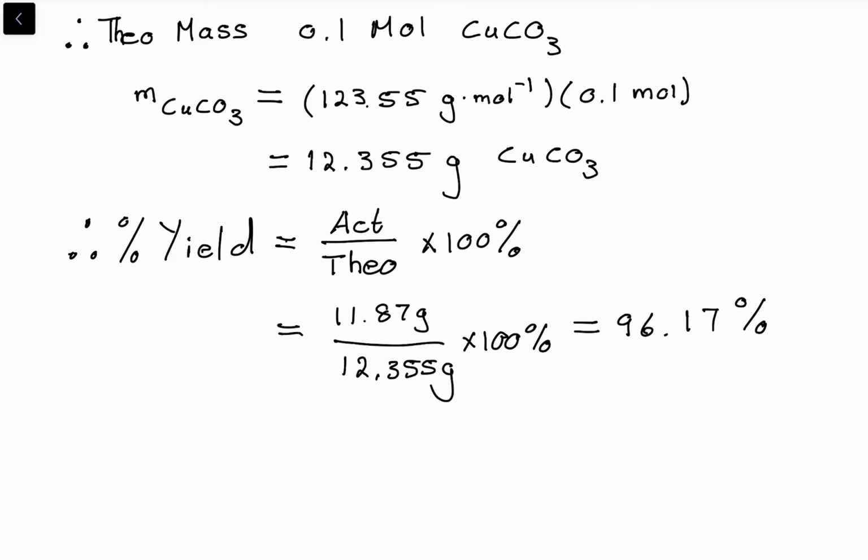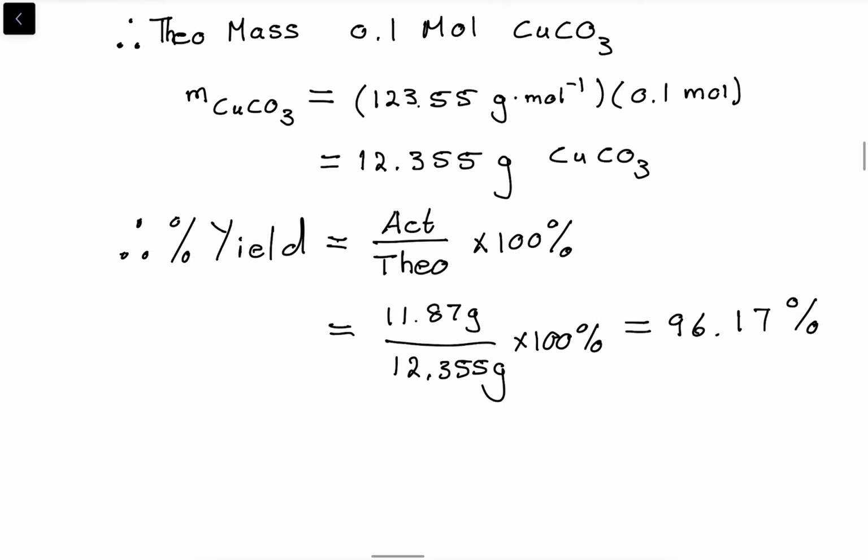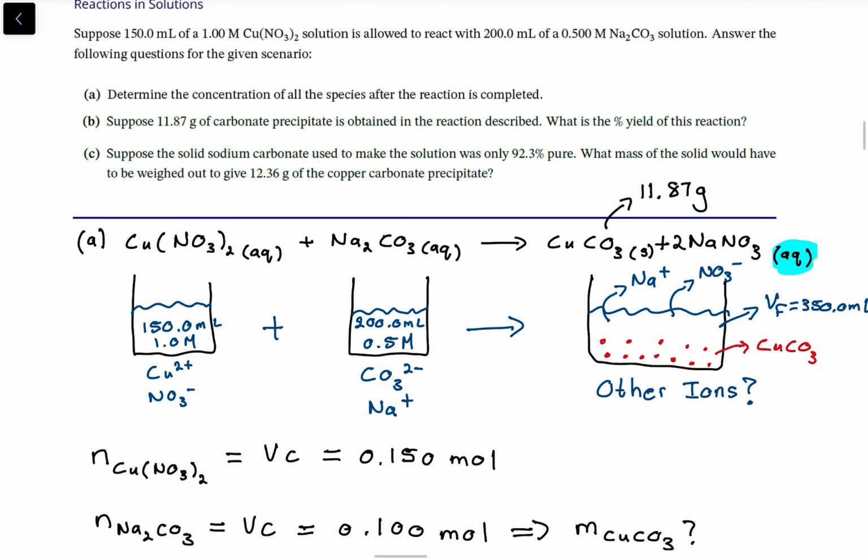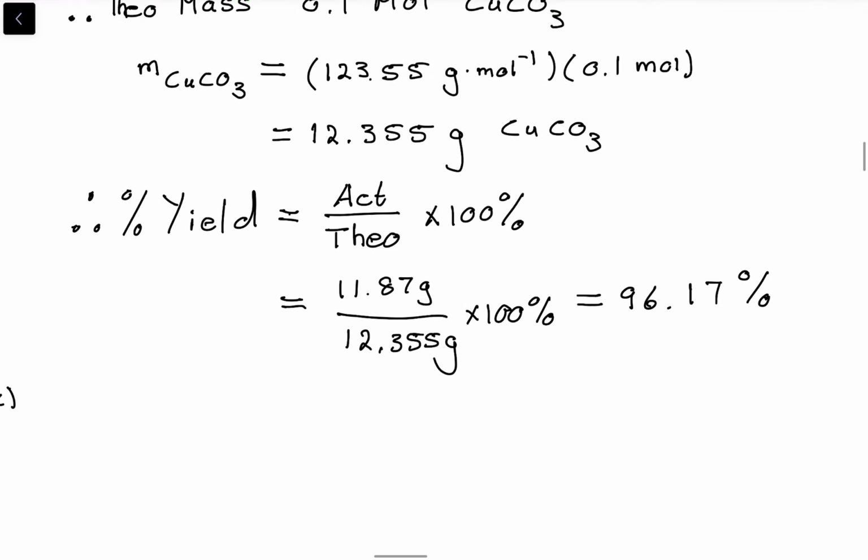All right, so let's move on to question C. Suppose the solid sodium carbonate used to make the solution was only 92.3% pure. What mass of the solid would have been weighed out to give 12.36 gram of copper carbonate precipitate?